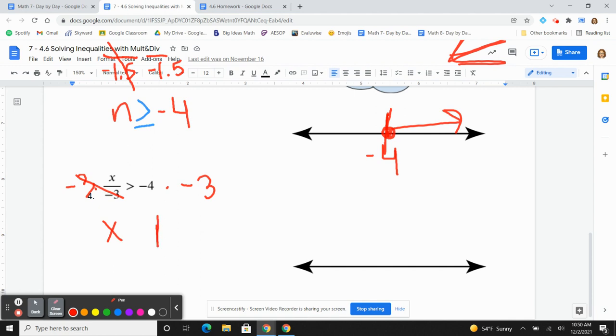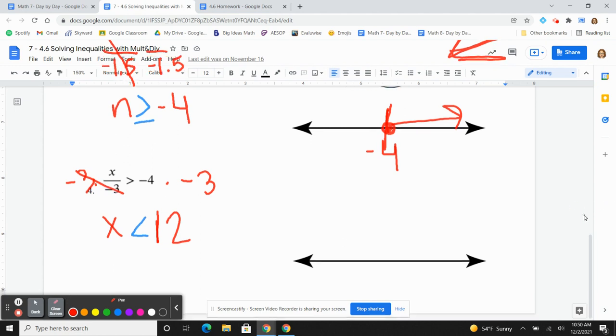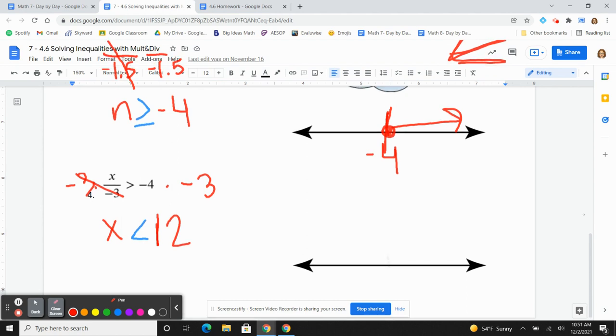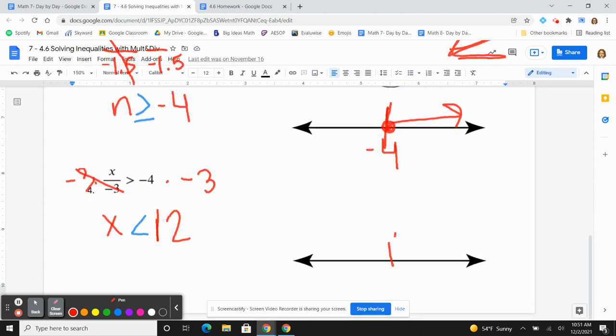So it would be X less than 12. Good. X is less than 12. Yes, Emmett? And then it would be an open circle and we go to the left because it switches because we multiply by a negative number. Love it. 12. Open circle. Going to the left.